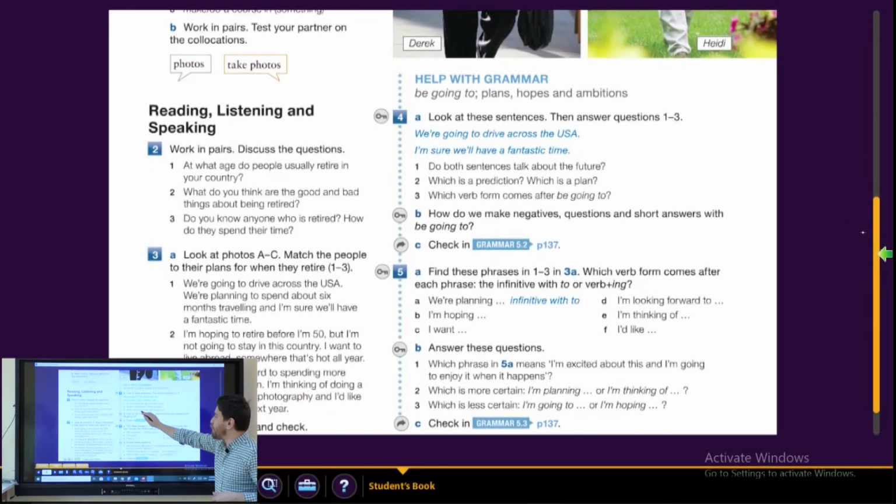And number 3, which verb form comes after be going to? After to be going to, we use the infinitive form. Look on here, we're going to drive, the infinitive. And how do we make negatives, questions, and short answers with be going to? Right. To make negatives: I'm not going to, he is not going to.